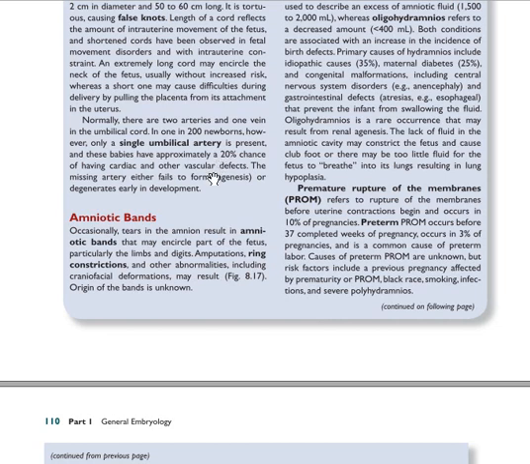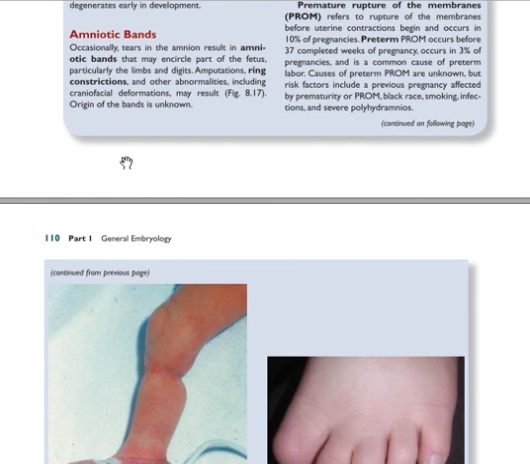Is it clear? Other cases like esophageal atresia may have only a single umbilical artery, and the last case of single umbilical artery is renal agenesis. Is it clear? So those are the different cases that you have to note.